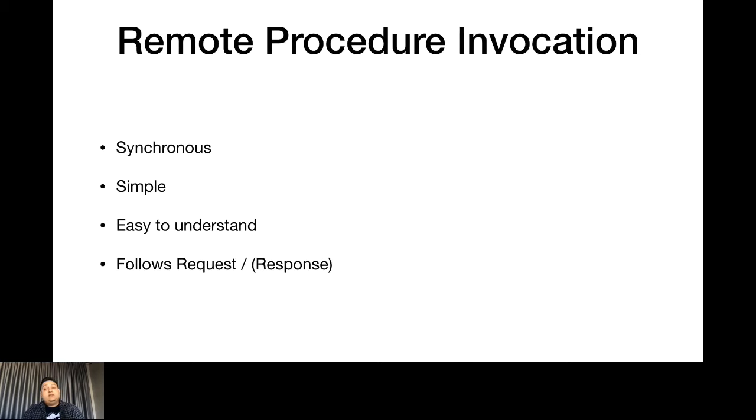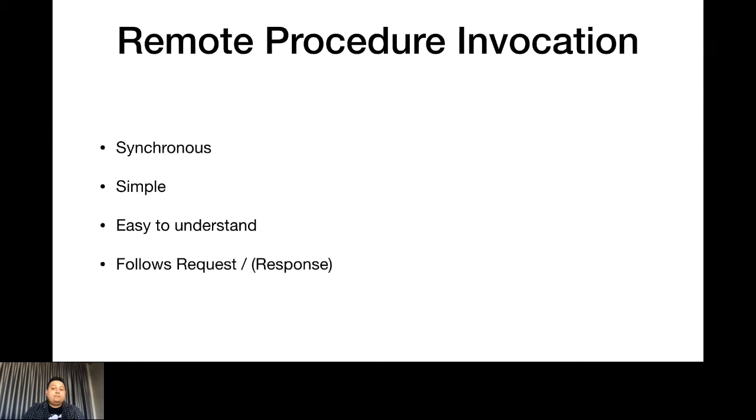The characteristics of this approach are that it is synchronous. It's simple because we are already familiar with such approaches. It's easy to understand and probably also to test or debug. And it follows a simple request-response model, but not in our cases, and we will talk about that in a second.